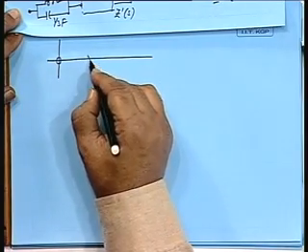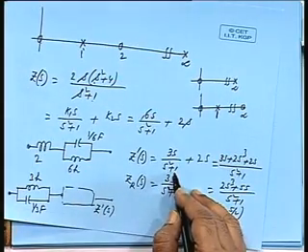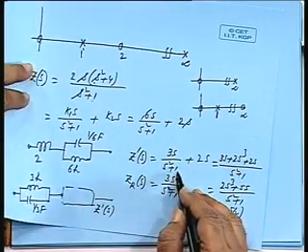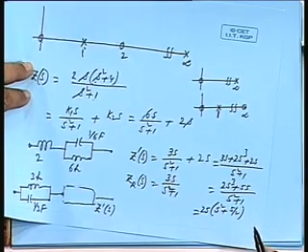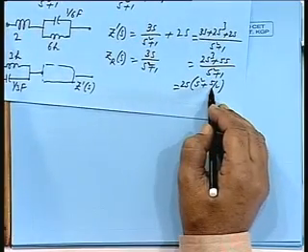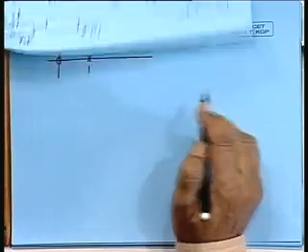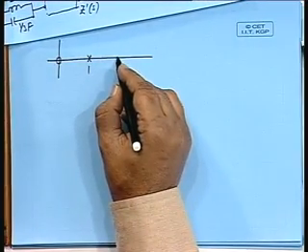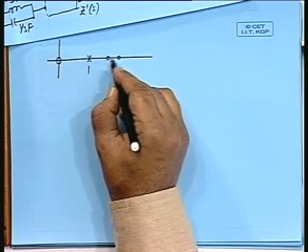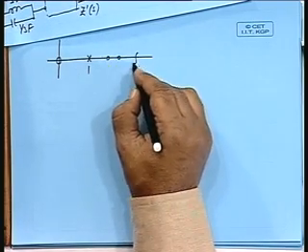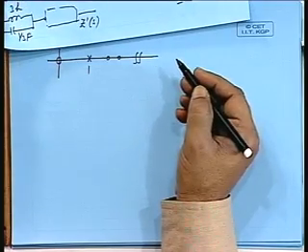Pole at 1 is again appearing because I have not removed it completely. What about this 0? It is now root over of 5 by 2. Earlier it was at 2, now it has drifted towards this. Pole at infinity also remains as it is.